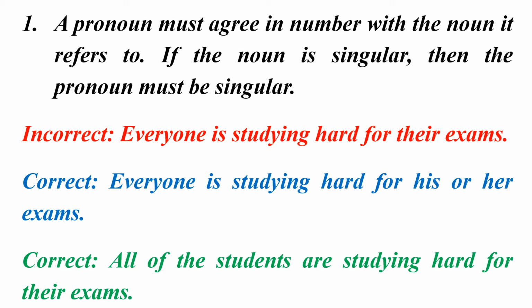If you want to continue with their, then you have to use all of the students. Your pronoun must agree with your noun, so with their you have to use all of the students, plural number. It will be the correct sentence. So be careful about this.